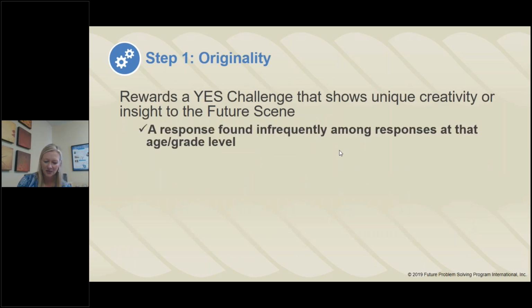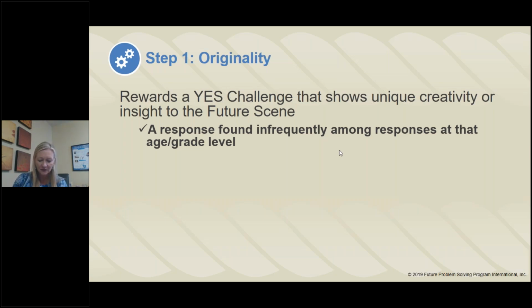Okay, now moving into originality. We introduced this a little while back, but these are those challenges that show that unique creativity or really exceptional insight. Sometimes students have researched the topic and found a few really key articles that just happen to match the future scene, and they might have a really insightful view that causes this to be an original award.